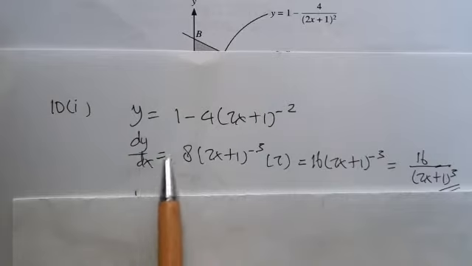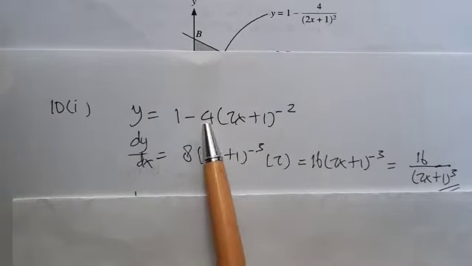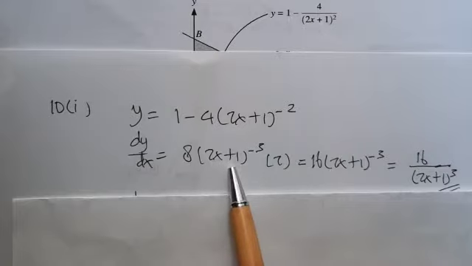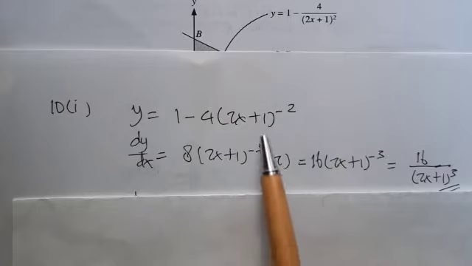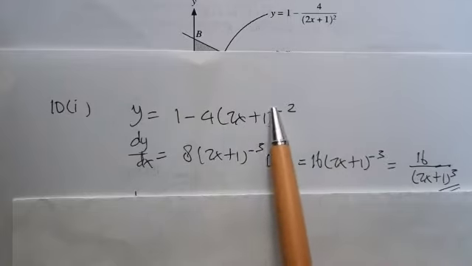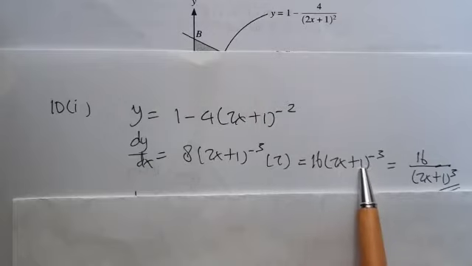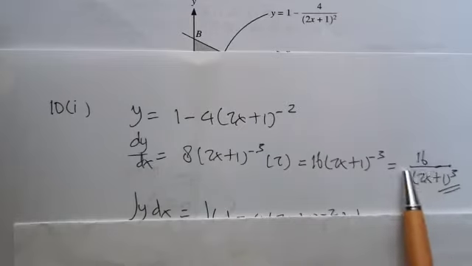Thus dy dx: differentiation of 1 with respect to x is 0, and then differentiation of this part is minus 4 times minus 2, which is plus 8, times (2x plus 1) to the power minus 2 minus 1, which is power minus 3, times the differentiation of the part in the brackets, that is 2. Then 8 times 2 is 16 times (2x plus 1) to the power minus 3, or 16 over (2x plus 1) cube.